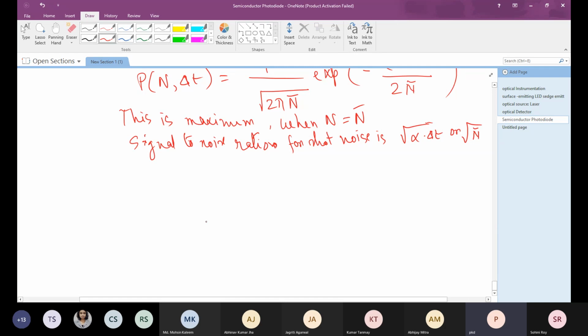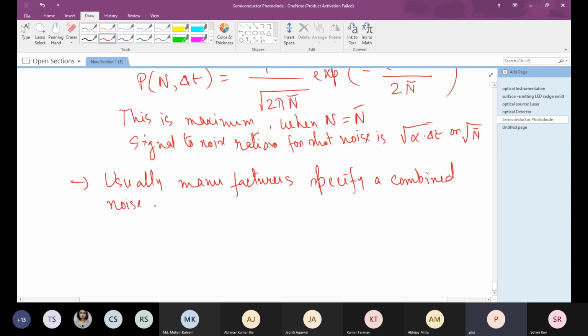Usually manufacturers specify a combined noise performance with noise equivalent power, NEP.